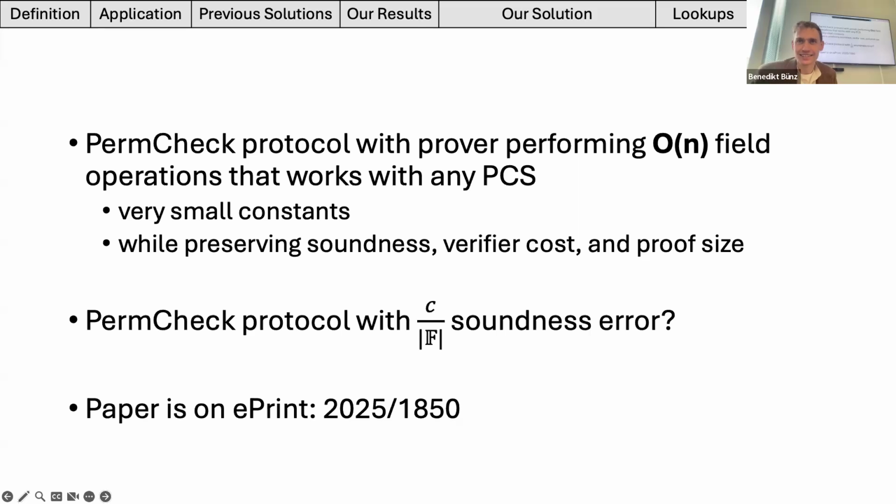So do you have a lower bound for this problem, on field operations? It seems natural that you would have to do at least n operations. Actually, we can achieve O of n.